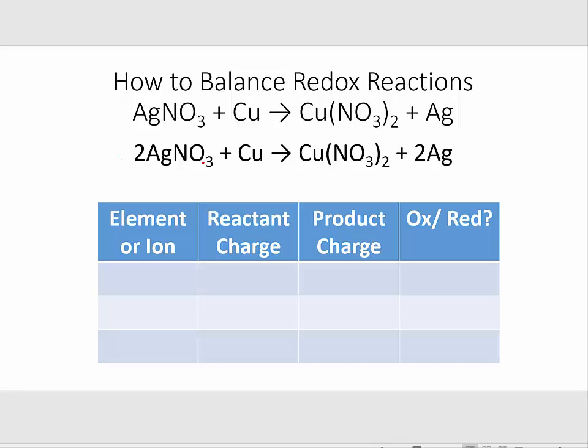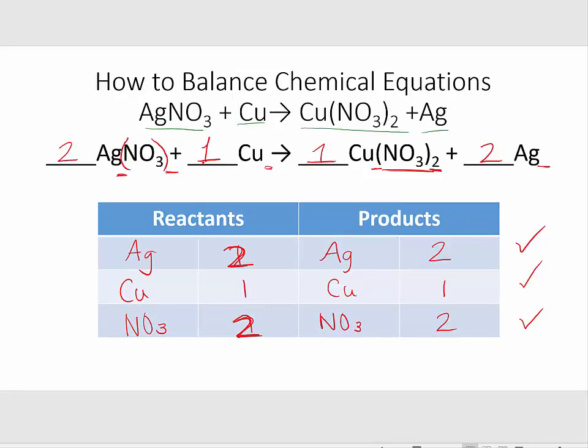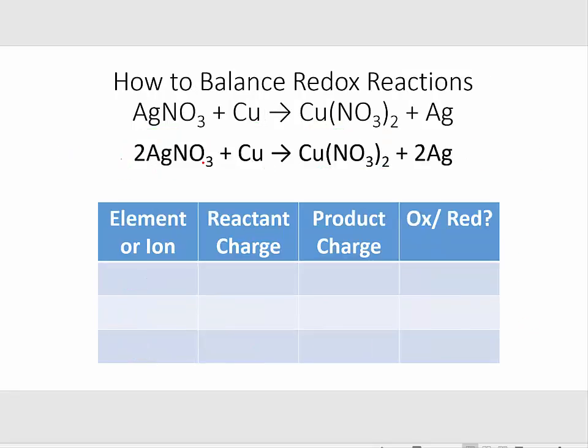We're going to start the same way we did on the previous slide where we wrote in our elements. We'll do the same thing in the redox chart that we're going to create. I have a silver ion, I have a copper ion, and I have a nitrate ion. And using this chart, we're going to figure out which one is oxidized and which one is reduced.